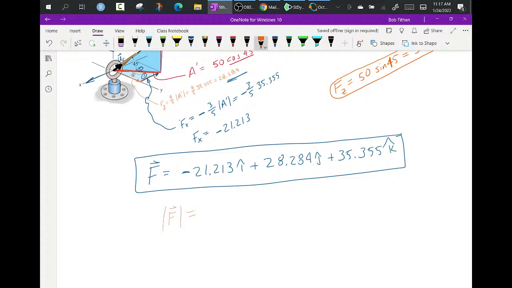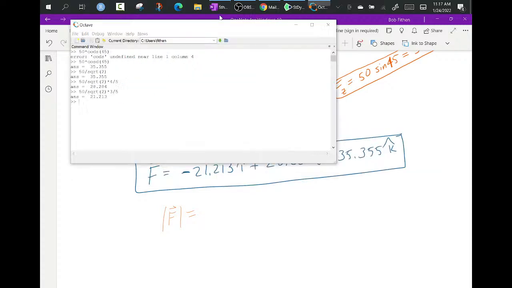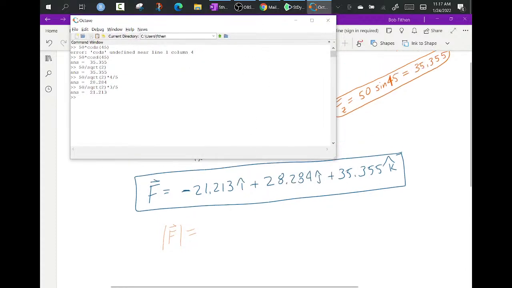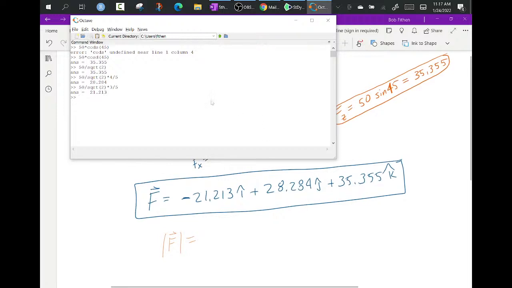Now I'm going to make use of Octave or MATLAB to solve it. This will be kind of a semi-lesson in MATLAB.